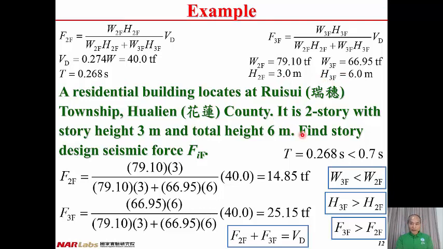The question is to find the story design seismic force, FIF.